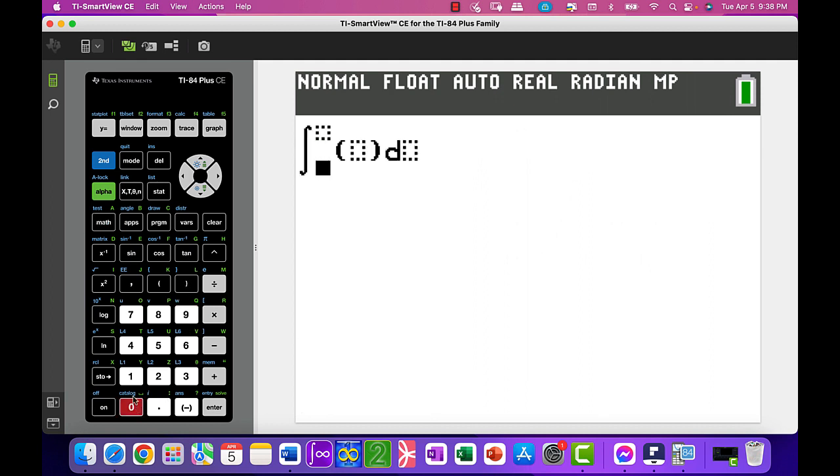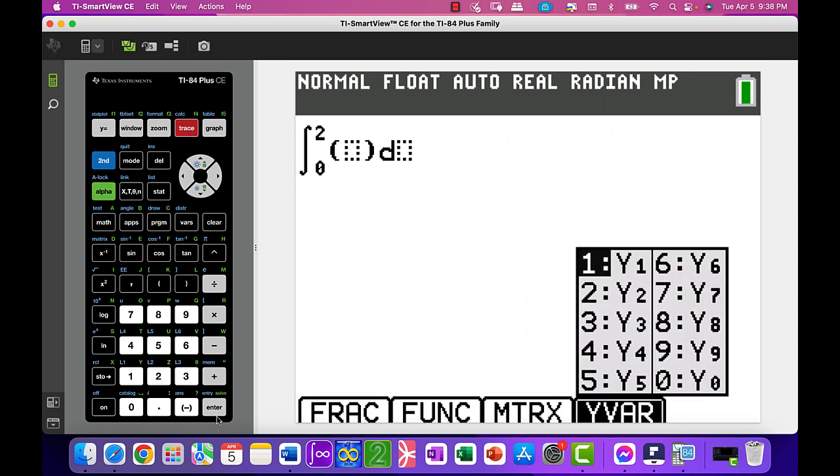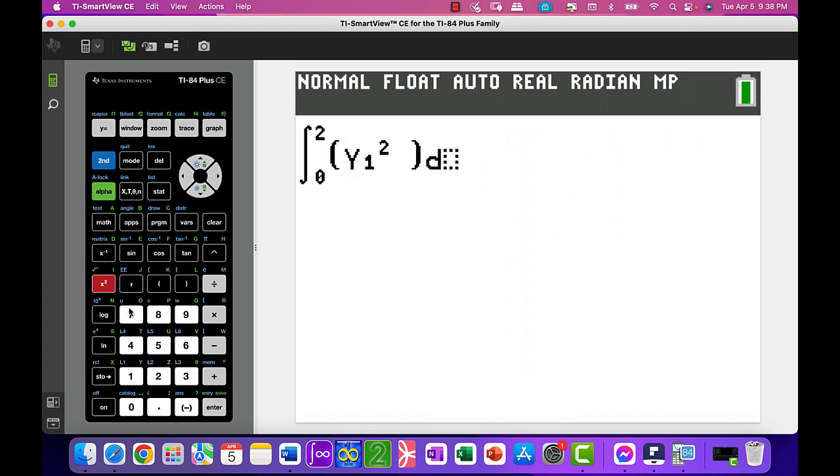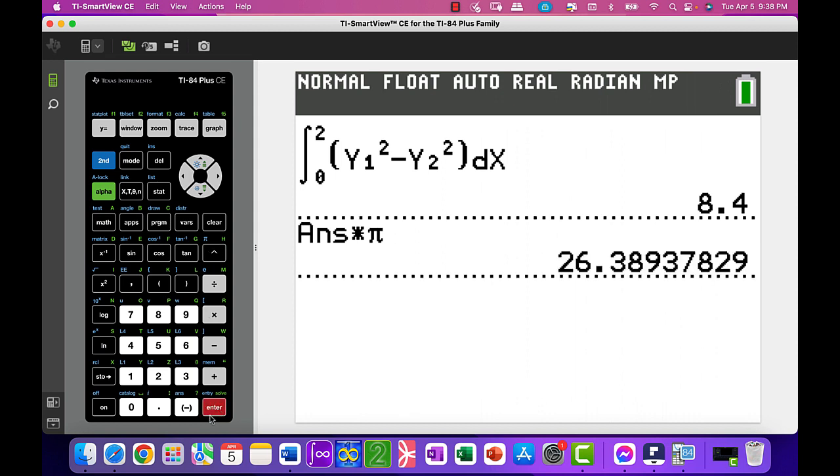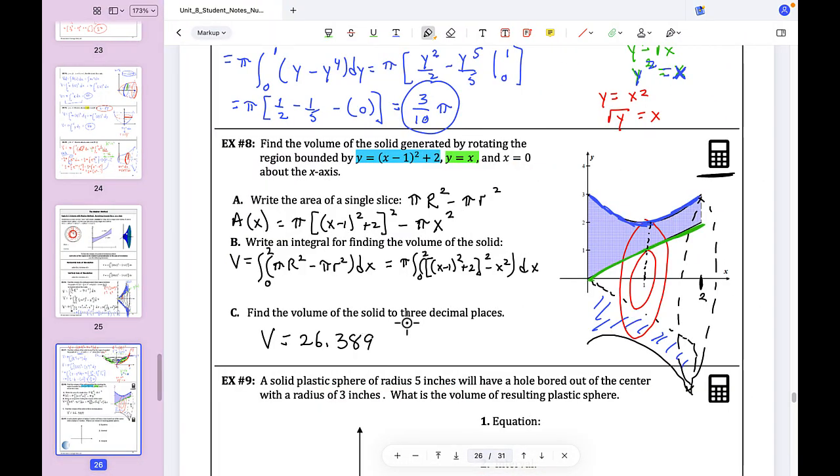We're integrating from 0 to 2, and we're doing big R squared, so that's Y1 squared, minus little r squared, so that's Y2 squared, with respect to x. I get 8.4, but then I have to multiply that by pi, and we get 26.389. It did say to round to 3 decimal places.